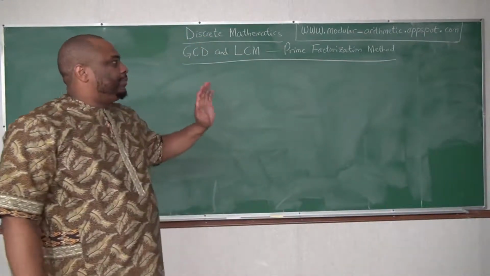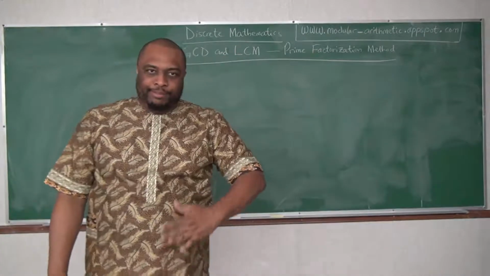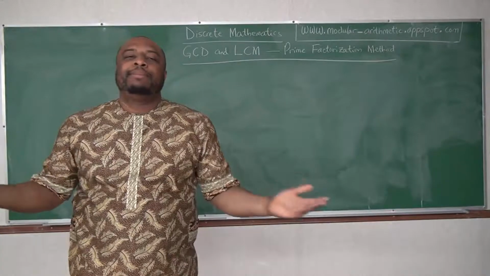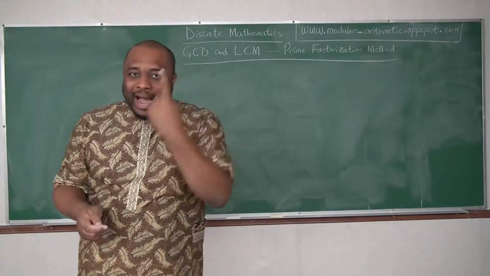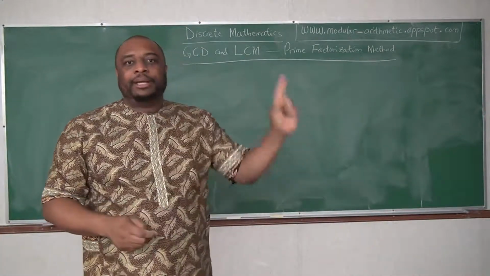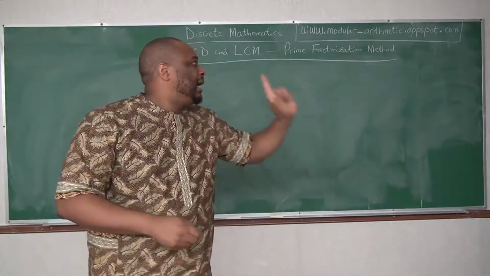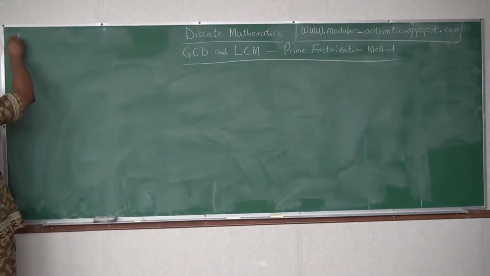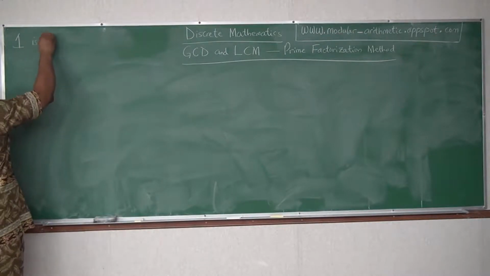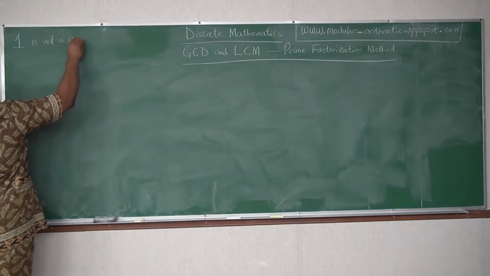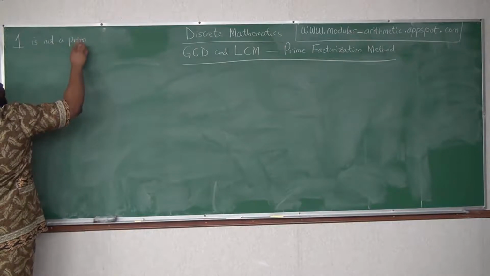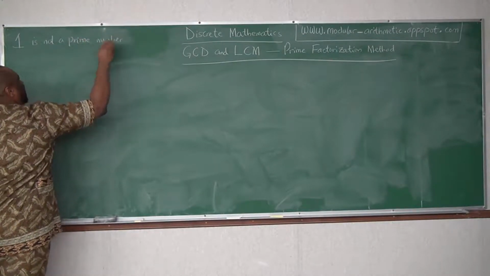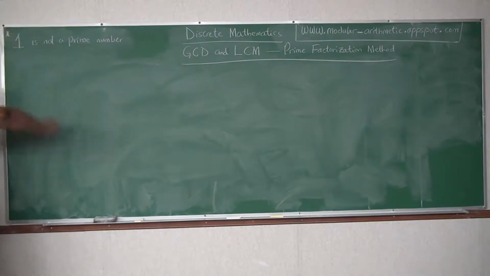So, what is a prime number? In arithmetic, we talked about prime numbers. We say 1 is not a prime number. At least you note this.